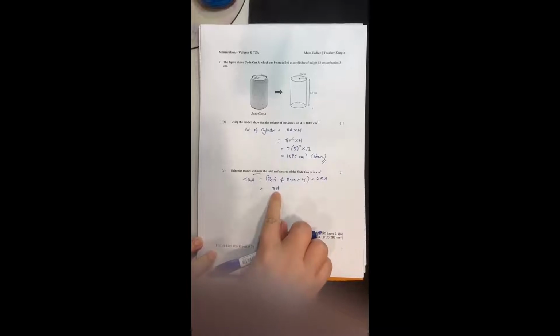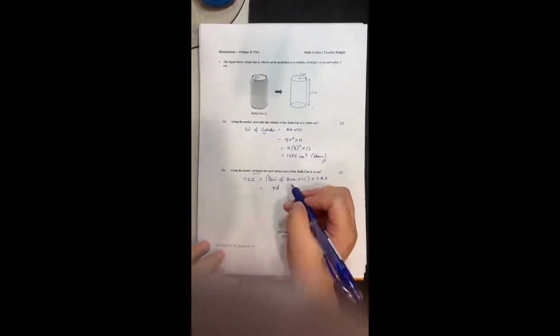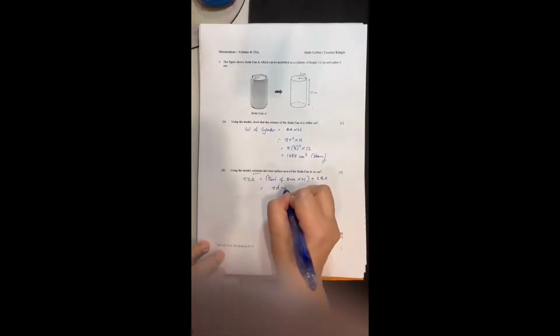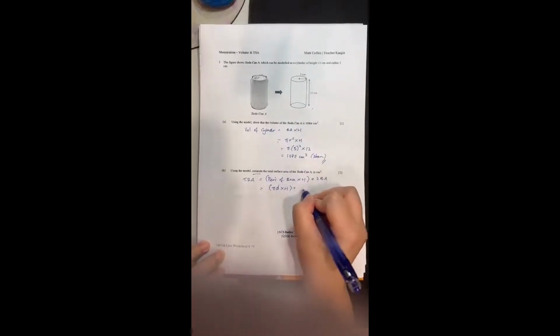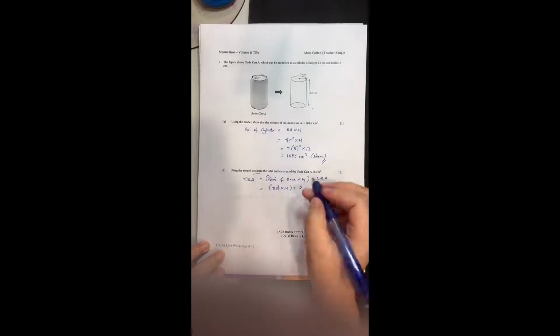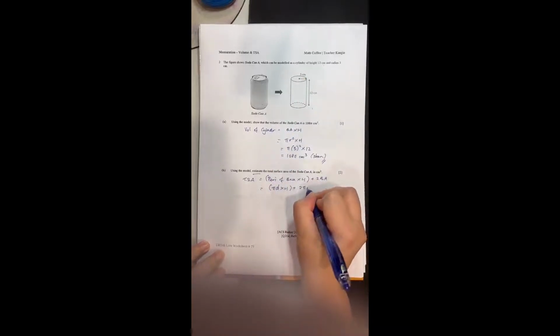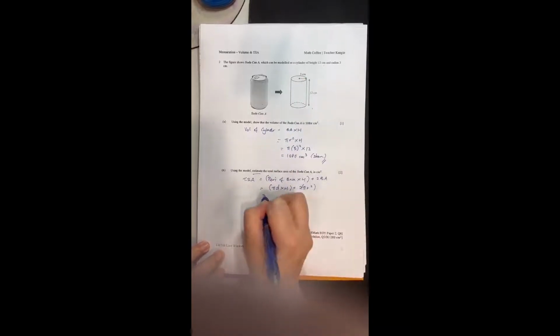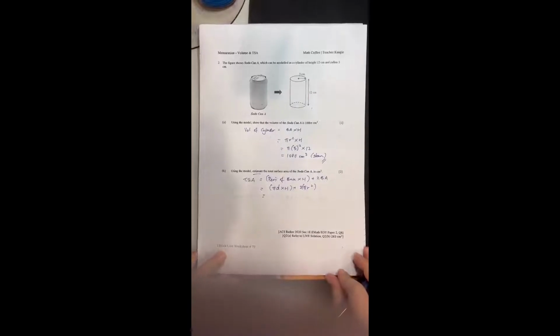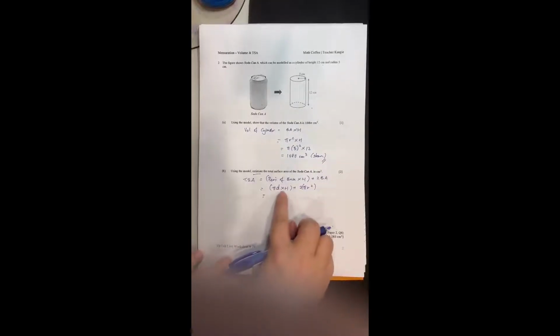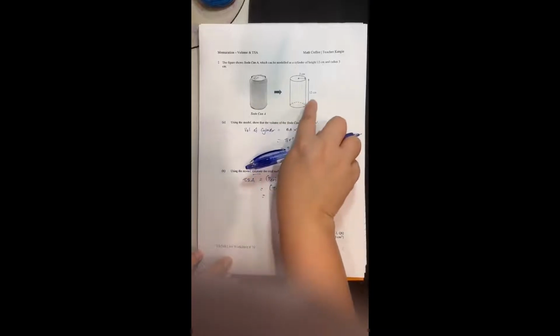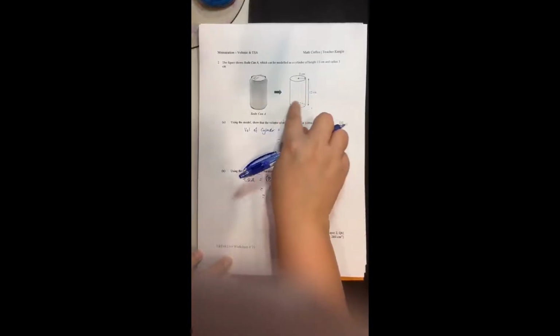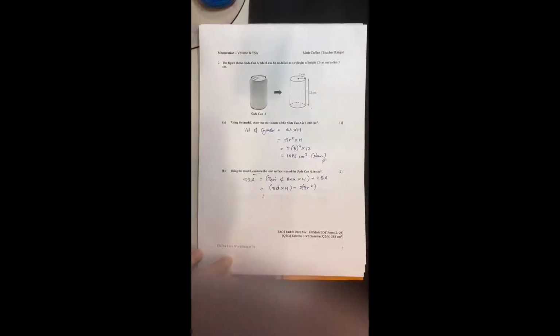This is called the perimeter of the base because it's the circumference of a circle, multiplied by the h, plus 2 base area. My base area is a circle, so it's 2 pi r squared. So this pi d h is actually the curved surface area of the cylinder.